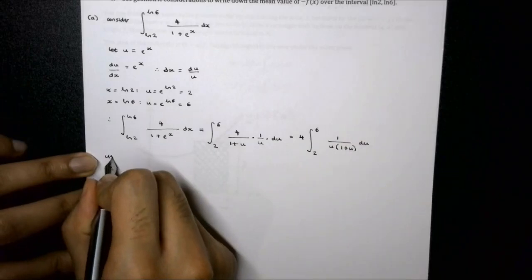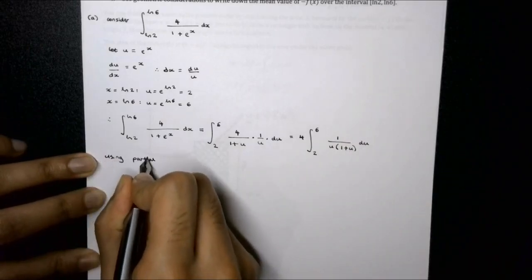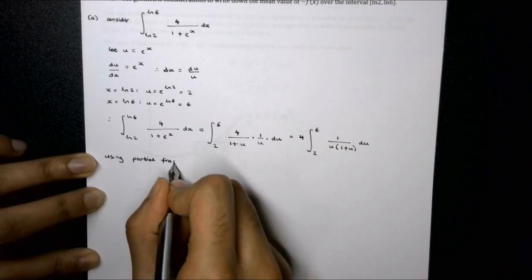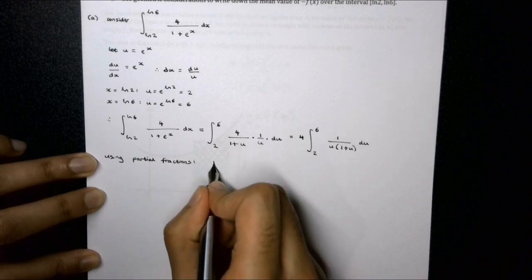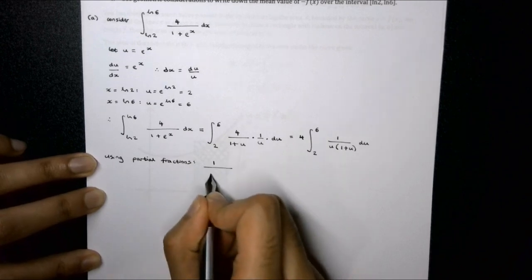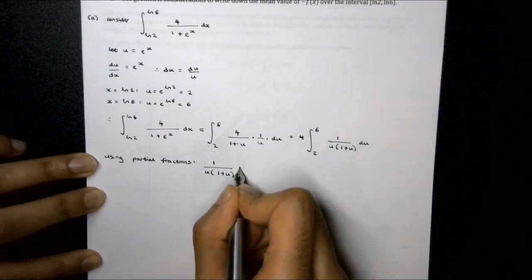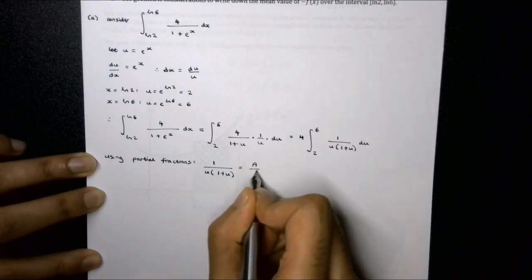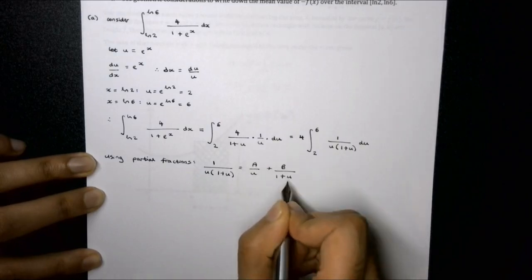So using partial fractions, what we have over here is 1 over u lots of 1 plus u is equal to a over u plus b over 1 plus u.